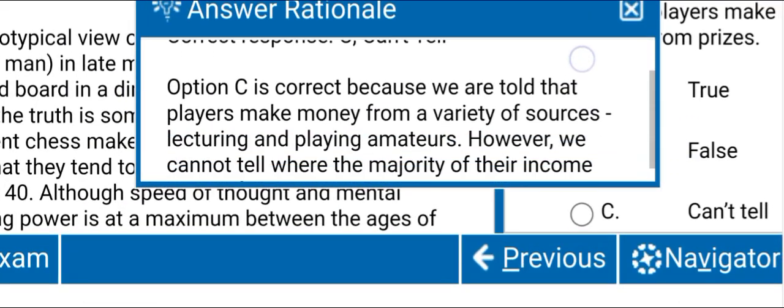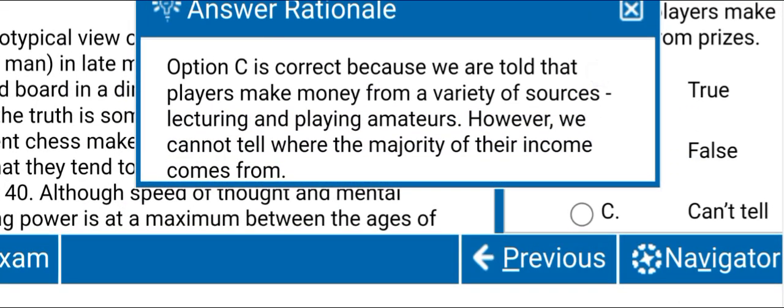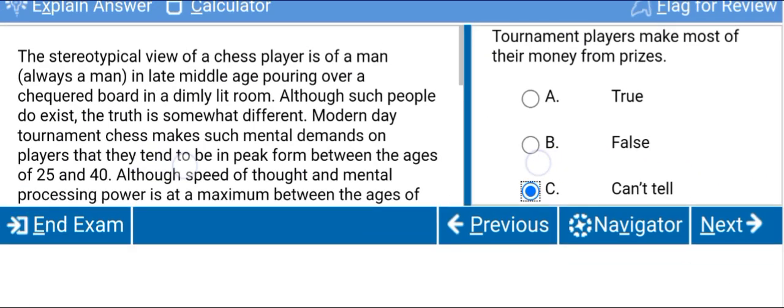So the correct response is C, because we are told that players make money from a variety of sources, lecturing and playing amateurs. However, we cannot tell where the majority of the income comes from. So we have option C, which is can't tell, is the correct option.